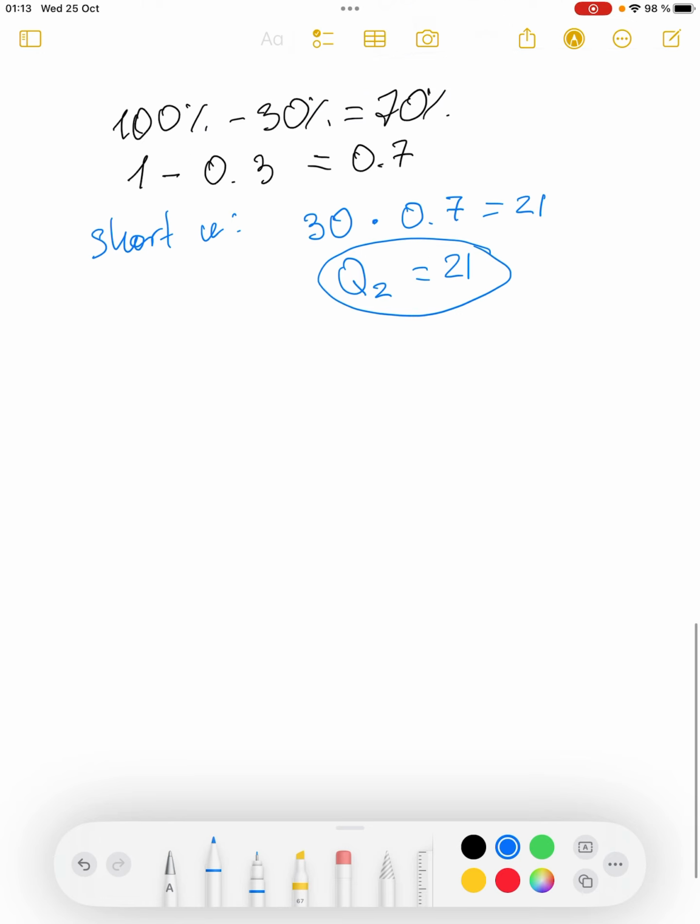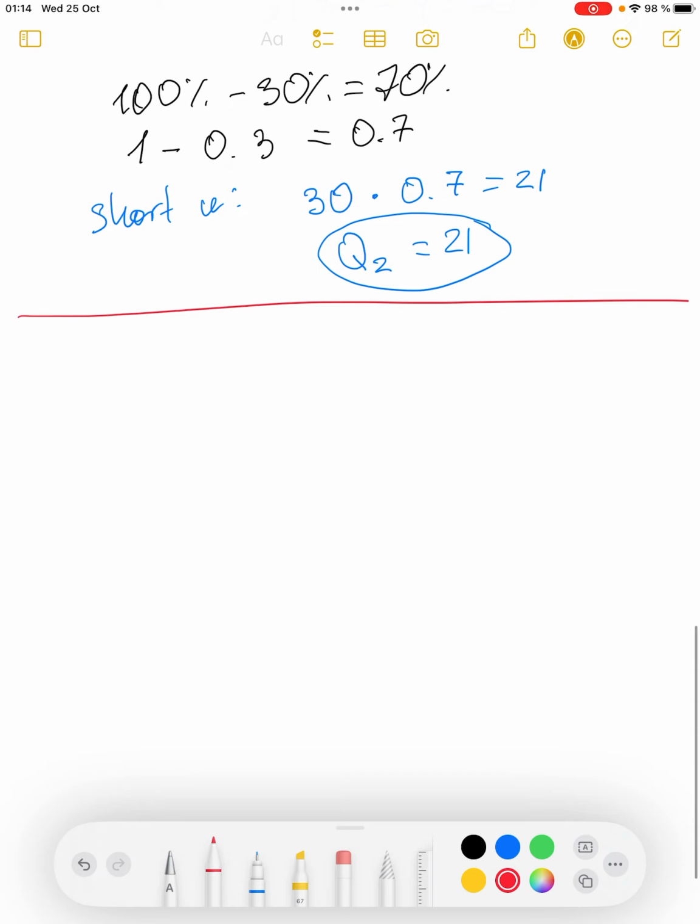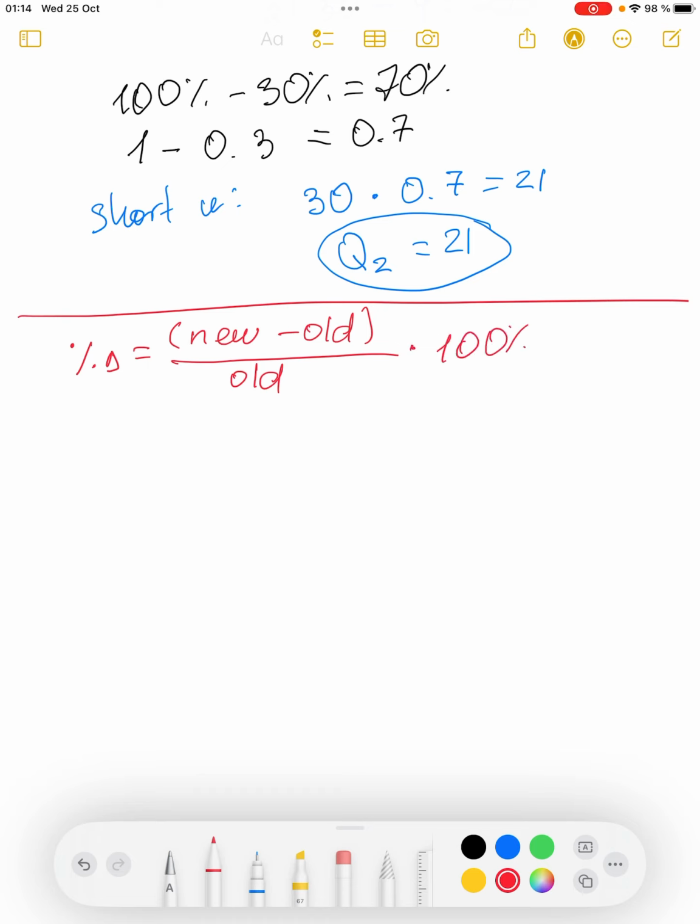And one final thing, because I've seen some faces in class which still don't know that, so I really want to show you that. Percentage change. How do we find percentage change? It's always the new value minus old value, divided by old value, multiplied by 100%. So let's do an example very quickly.